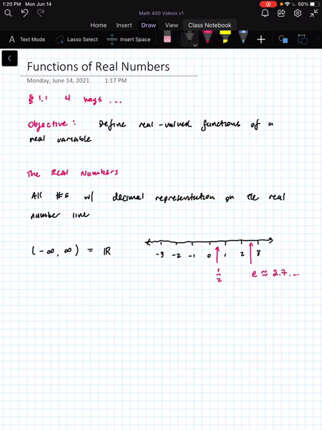So how do we classify them, right? So the real numbers are built up, and the way that we want to imagine them is using this classification scheme, where we're talking first about the natural numbers, so 1, 2, 3, and so on.